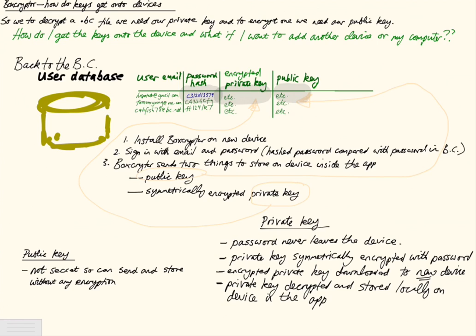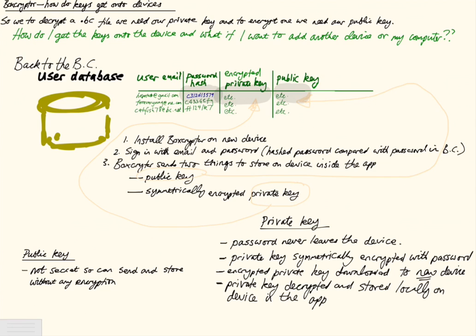So if I want to install Boxcryptor on a new device, how do I get hold of my keys? All my sensitive data is stored out there in the cloud in Dropbox, but it's been locked with this public key, and I need the specific private key to unlock it, right?